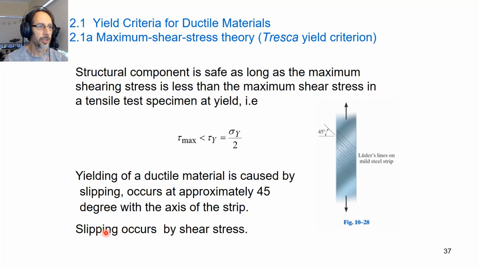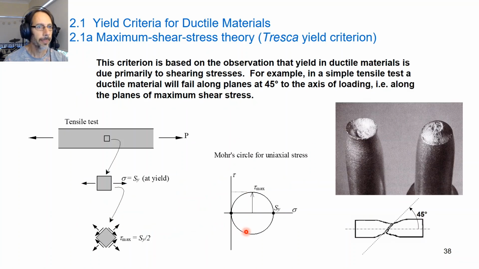Okay, and yield occurs by slipping on shear stress planes. And as I said before, in our tensile test, even though we've got uniaxial normal stress, it doesn't mean that there's no shear stress in the material. It's just that it's at a different angle, or a different orientation than we're looking at here.